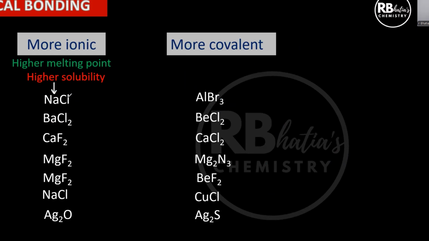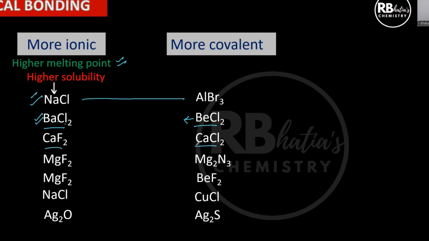Hence, if I ask you which has a higher melting point out of sodium chloride and aluminium bromide, we would say sodium chloride. Which has a higher solubility? Again, sodium chloride. Similarly, barium chloride and beryllium chloride, this is a smaller cation. So, this is going to be more ionic, more melting point, higher solubility.